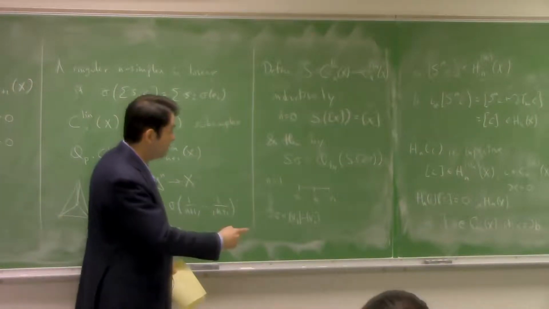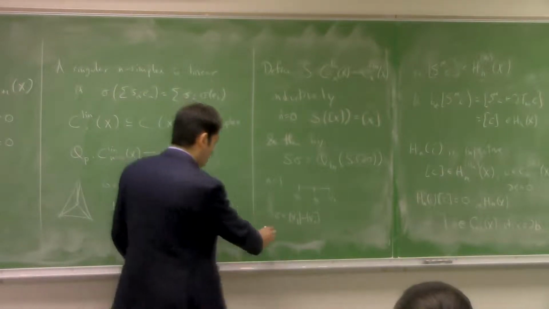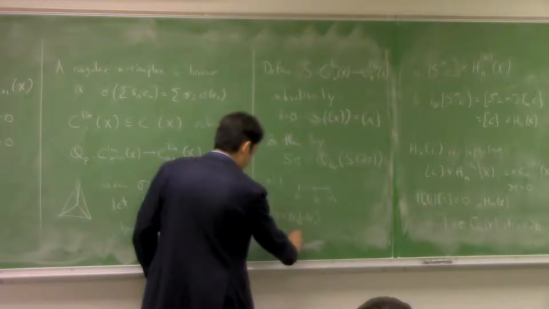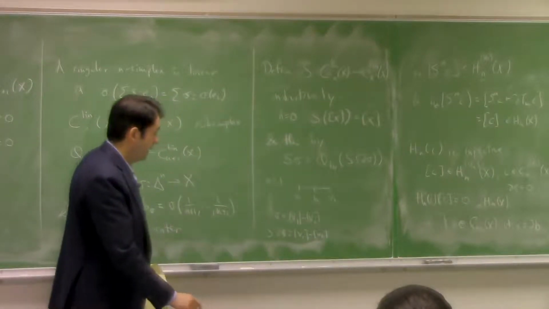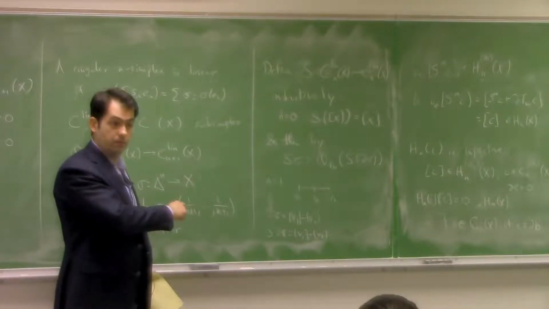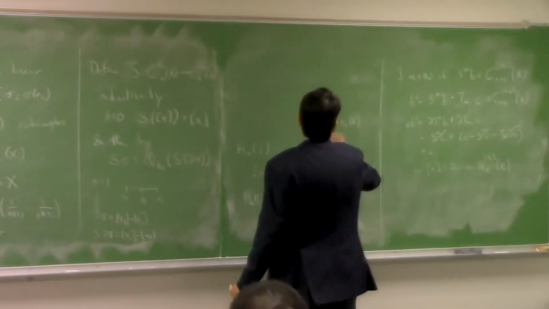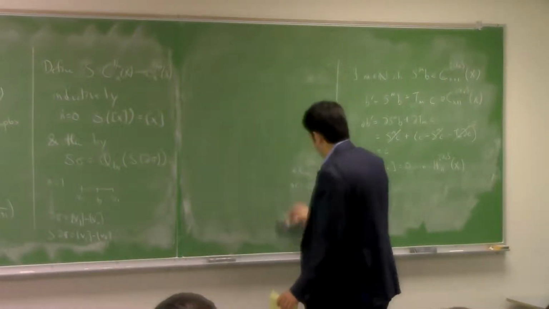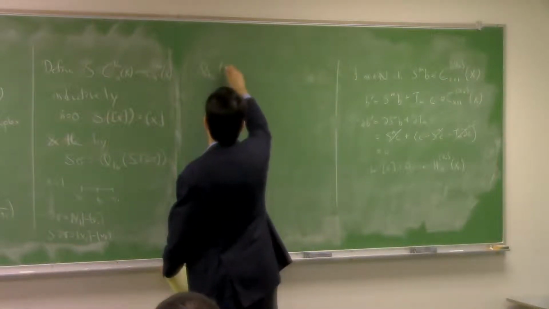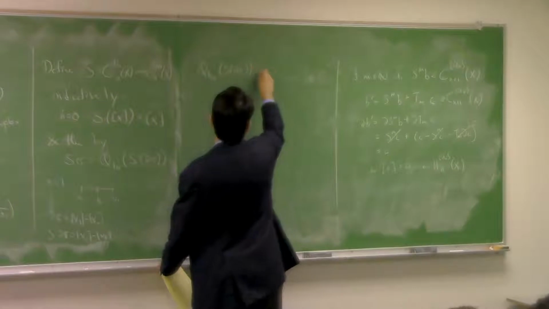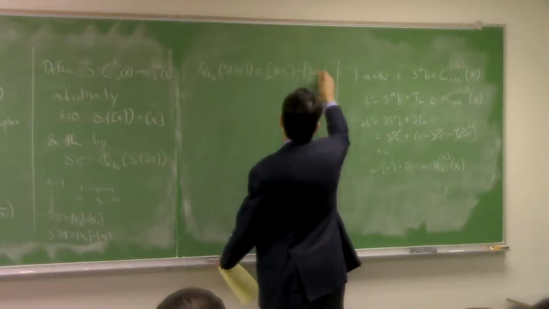S is the identity on points, so S of the boundary would just be this again, v1 minus v0. And then you cone on that. Q_{B_sigma} of S of the boundary of sigma would be [B, v1] minus [B, v0].